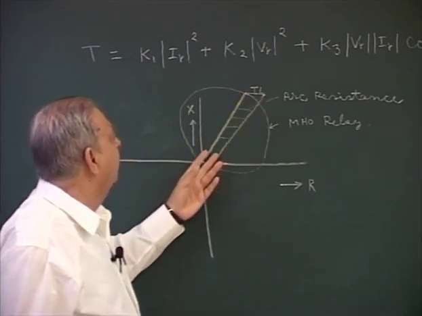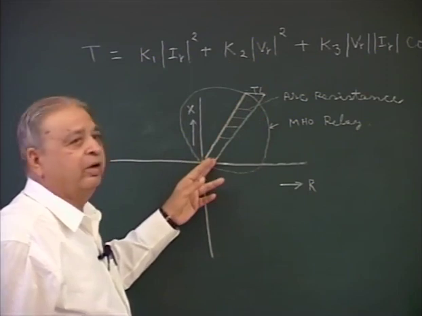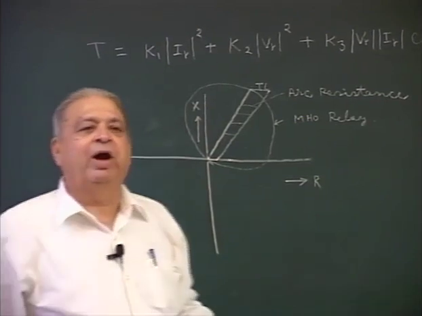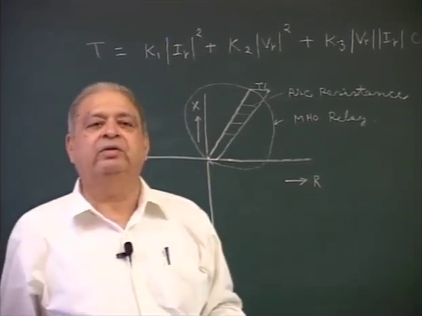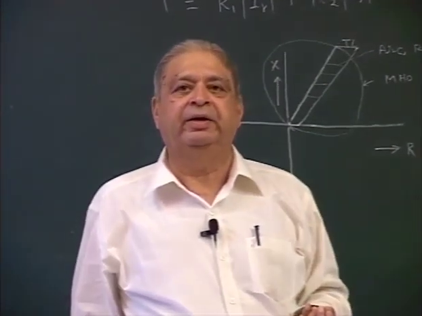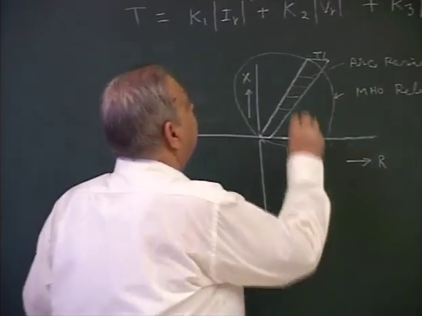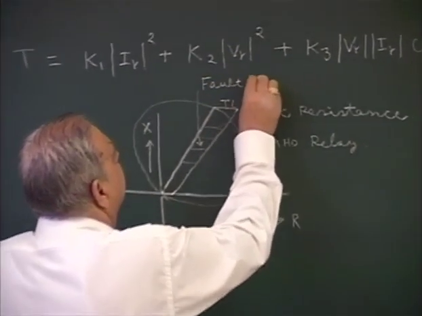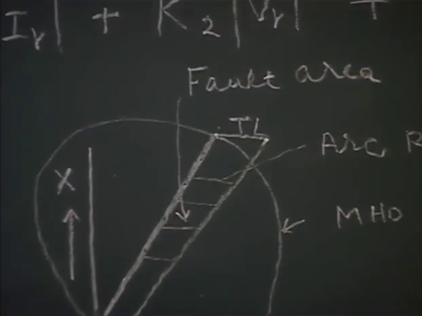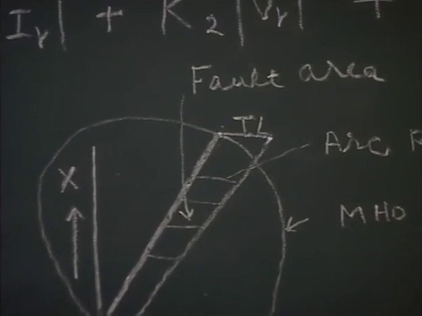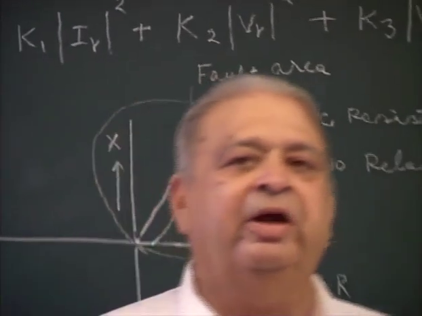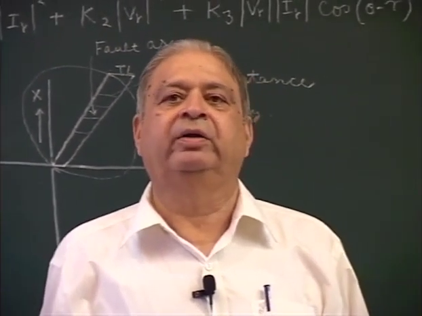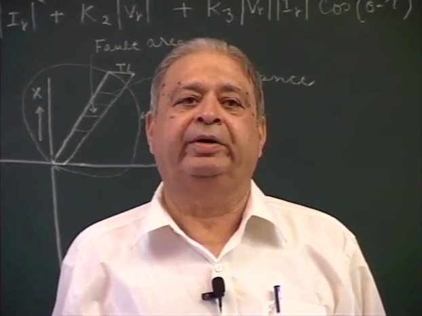This is the fault zone. Fault point will lie somewhere in this zone only. It will not lie here, it will not lie other places. So, if the operating point lies outside the fault area, but lies inside the circle, relay will still operate. That means, even if there is no fault, still the relay will operate.